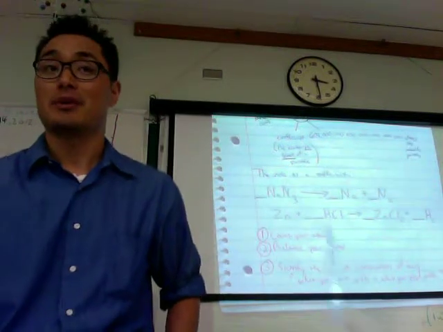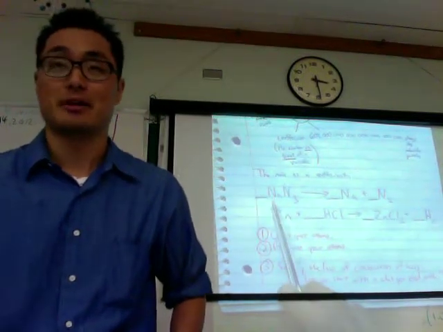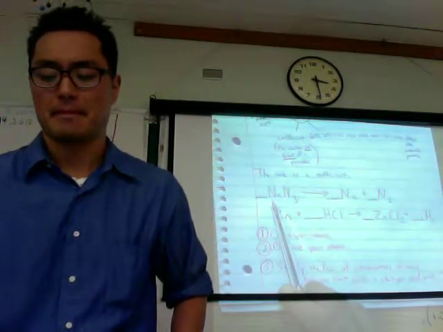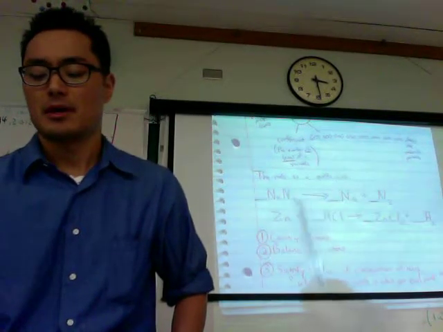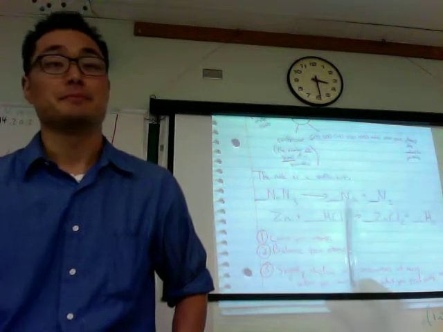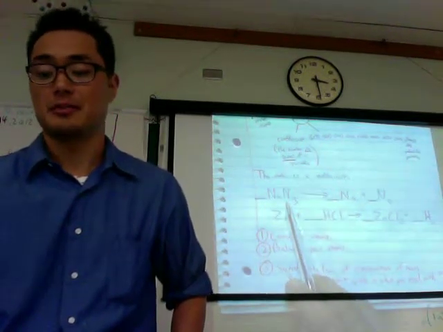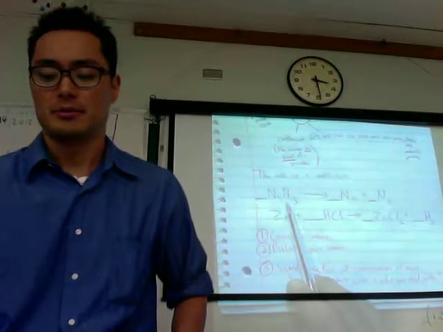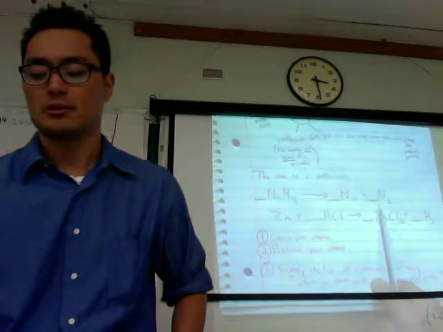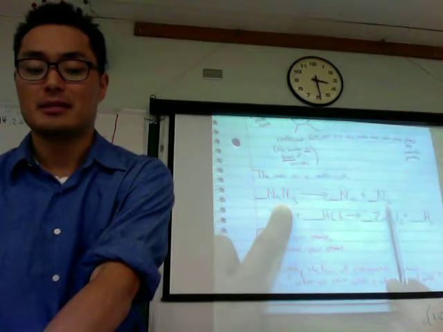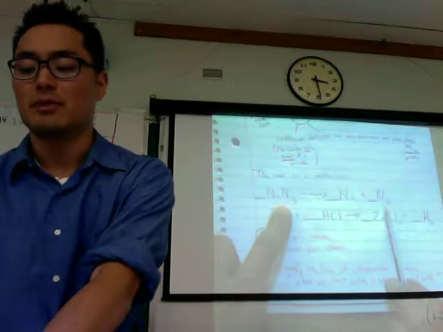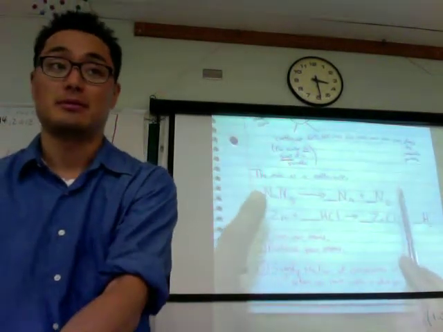Step 1, count your atoms. How many Na's are on the left? How many Na's are on the right? Are they balanced? Yes. Good. How about your nitrogens? How many are on the left? 3. And how many are on the right? 2. So are they balanced? No. So to make these balanced, we need to make them both into what number? 6.